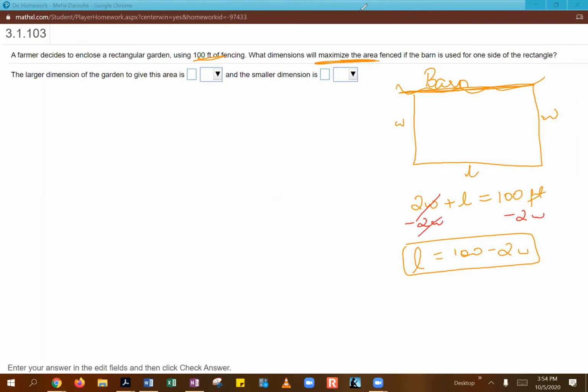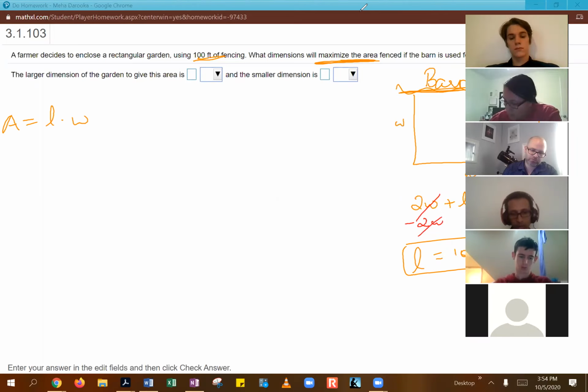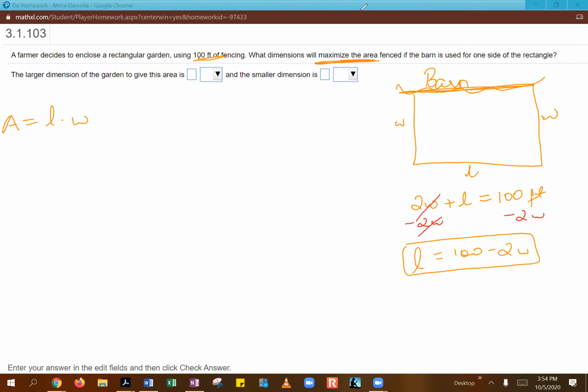We're starting out with a modified perimeter formula, and we are going to use that to create the maximum area. Now, you should know the area of a rectangle is length times width, but instead of using length, we are going to substitute it with this equation right over here.